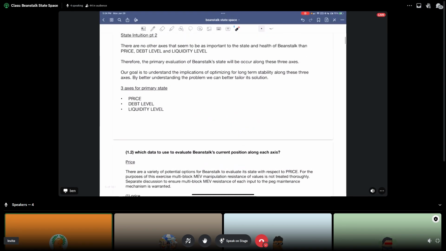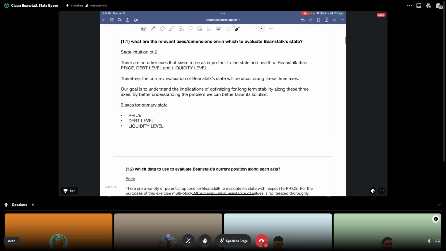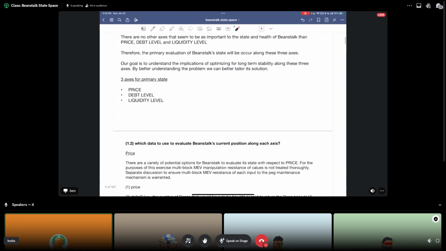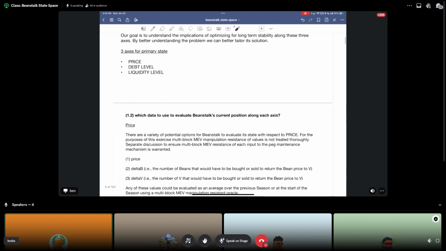So that gives us three axes. And our goal is to dive into these axes and how they mix together and to understand what Beanstalk is actually doing and how it's operating within these dimensions in order to regularly cross the price over its peg for as long as possible.